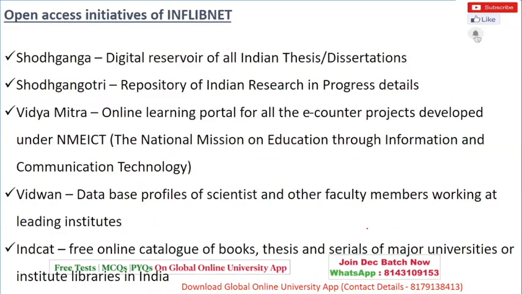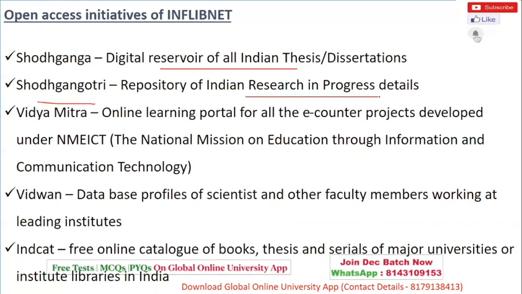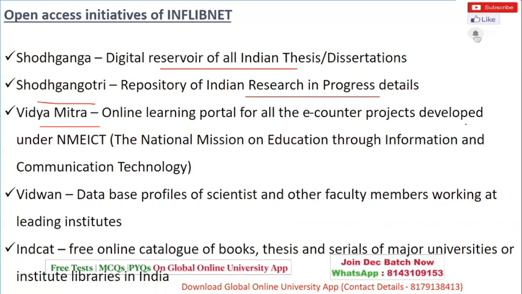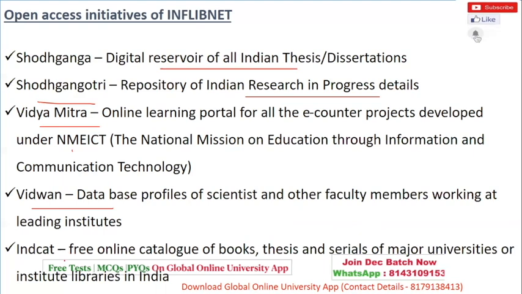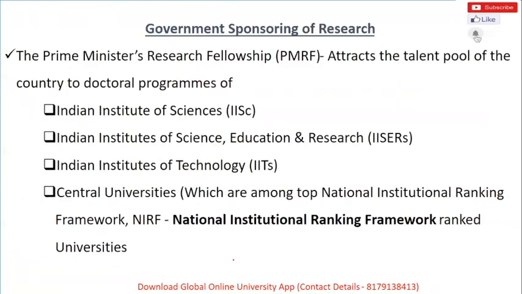Next, you have open access initiatives of INFLIBNET: Shodhganga, a digital repository for Indian theses; Shodhgangotri, for research progress details; Vidya-Mitra, a portal for e-content projects developed by the NMEICT; Vidwan, a database of scientists and other faculty members of leading institutes; and INCAT, a free online catalog of books, theses and serials of major universities.